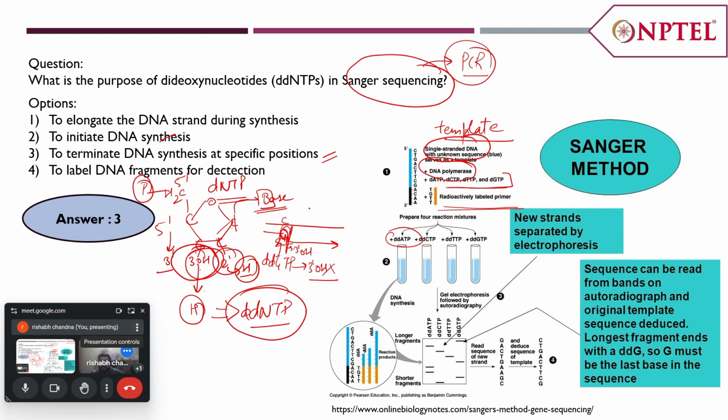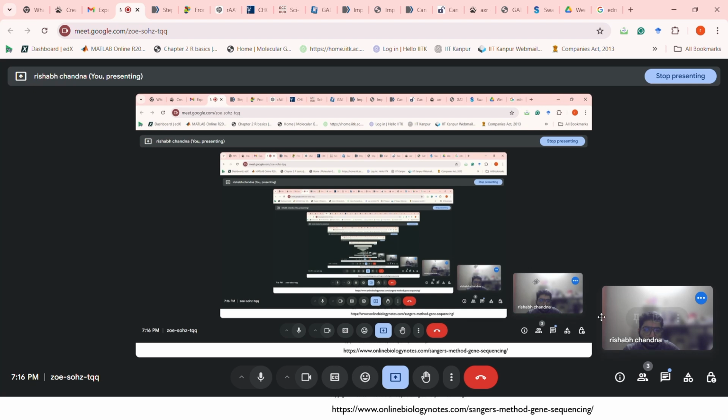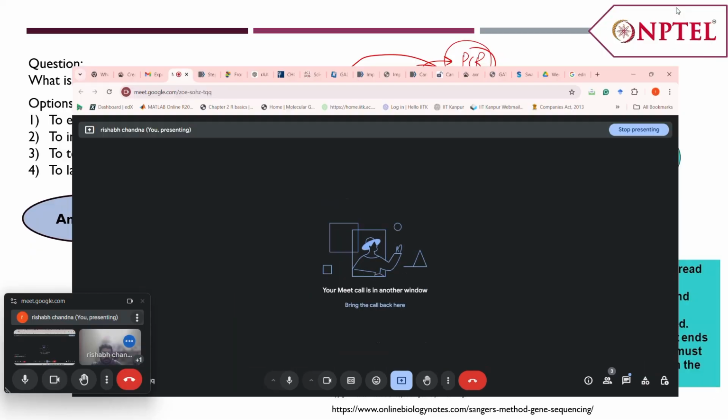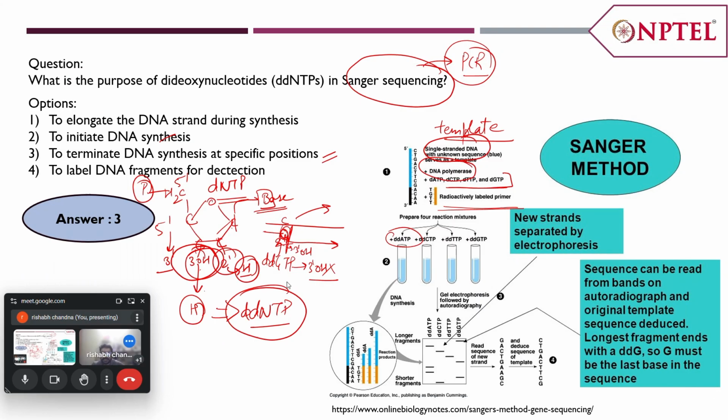So if we denature this DNA, it will lead to the formation of two strands, one that has the longer length and one that has the shorter strand, because here the chain has been terminated, and this will lead to the formation of a smaller band.